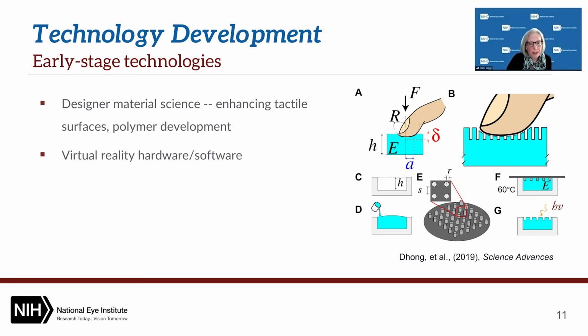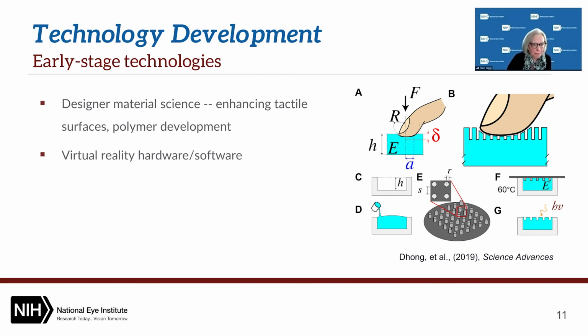Cutting edge engineering science has been developing coatings made from designer materials to control friction and adhesion, which could generate a wider variety of tactile sensations that have the potential to be used by tactile aid designers.